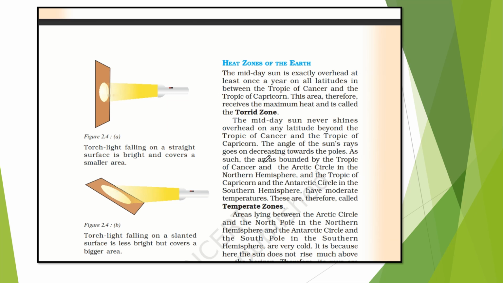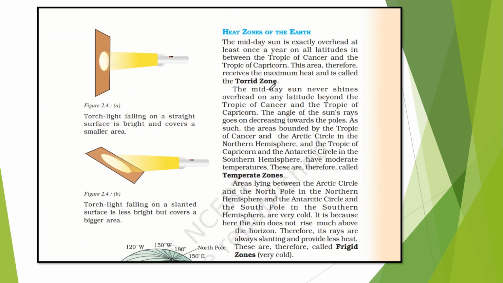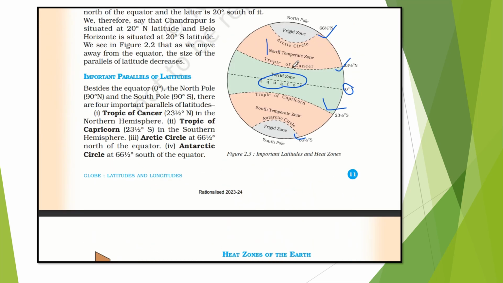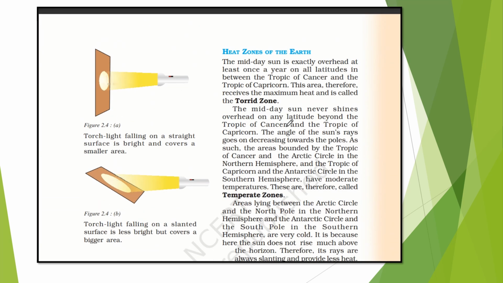The angle of the sun's rays goes on decreasing towards the pole, so the area bounded by the Tropic of Cancer and the Arctic Circle is called the temperate zone. On the north side, we say north temperate zone, and on the south side, south temperate zone, where the temperature is decreasing.